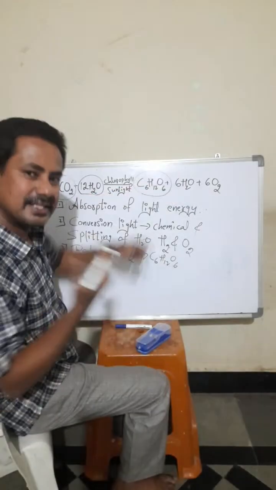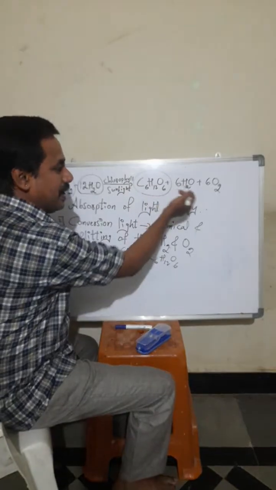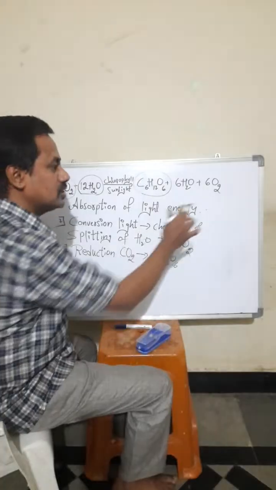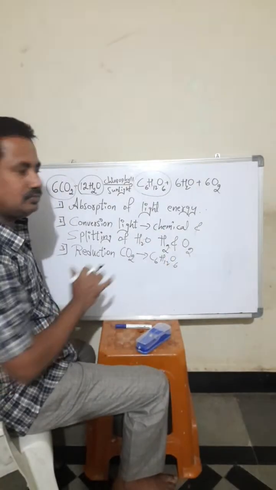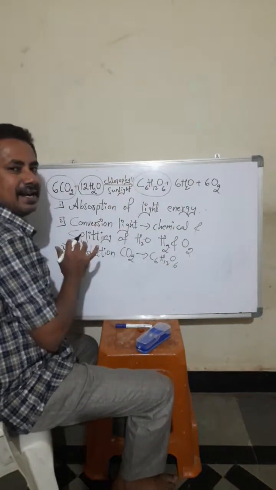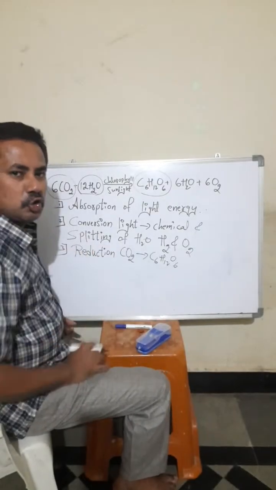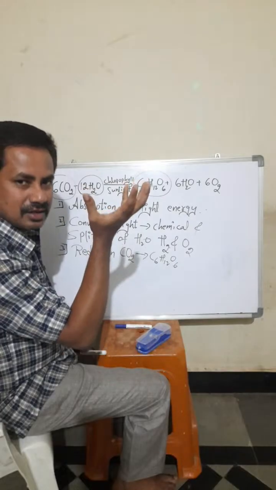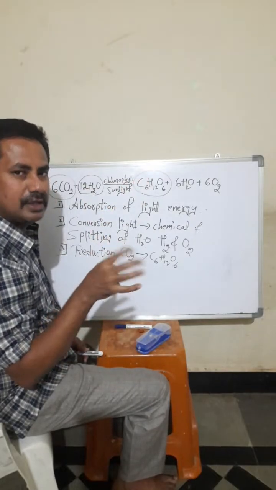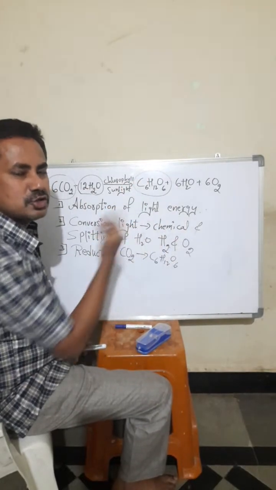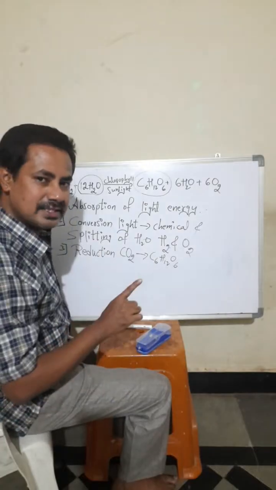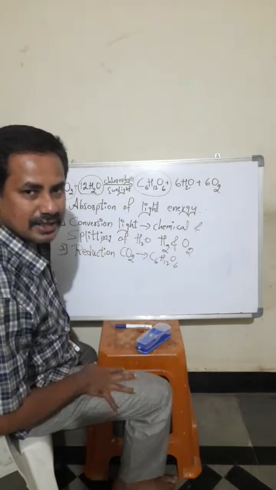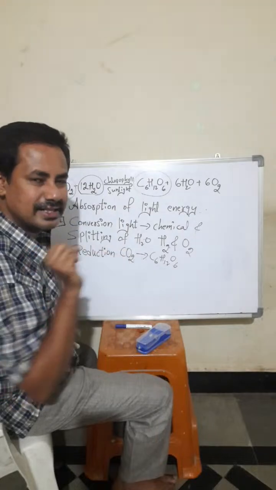And water, 6H2O, it is formed during photosynthesis. Simple: 6CO2 plus 12H2O in the presence of sunlight and chlorophyll, plants prepare the food, C6H12O6 plus 6H2O, water is formed, and 6O2, oxygen is released.